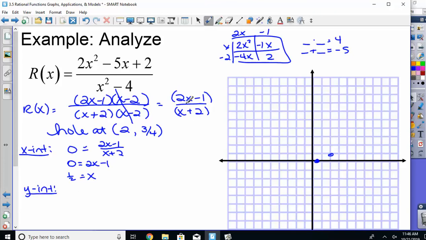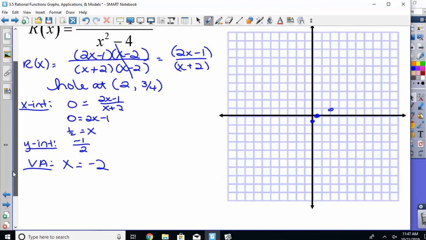Y-intercept, if you plug in 0 for all of your x's, I'll just plug it into the reduced one. So 2 times 0 minus 1 is -1. 0 plus 2 is 2, so my y-intercept is -1/2. Vertical asymptote. X equals, what makes the bottom 0? -2.